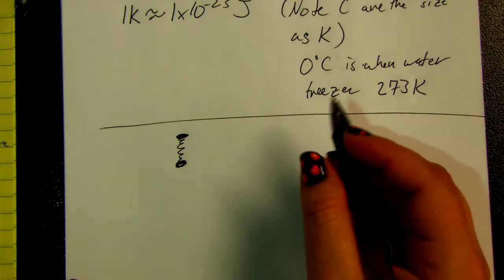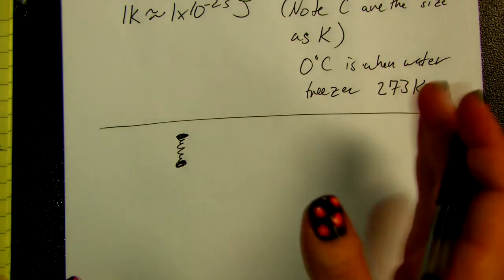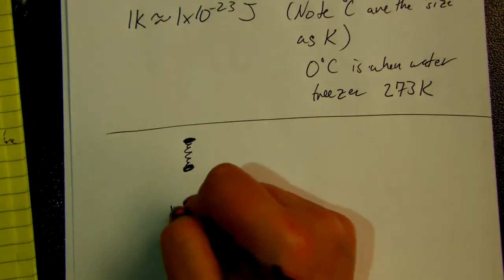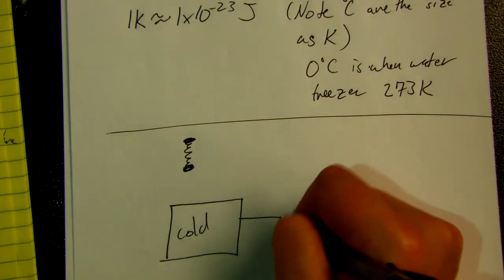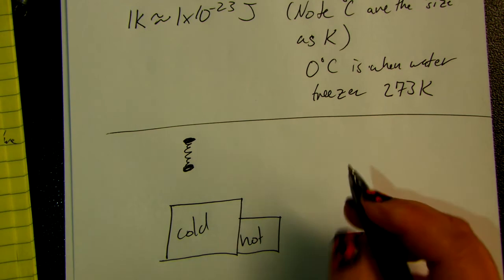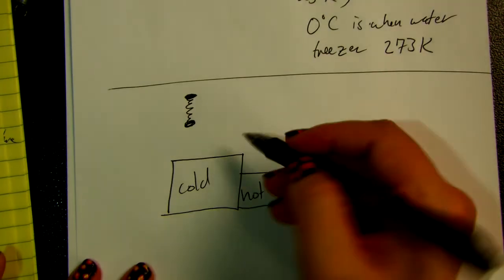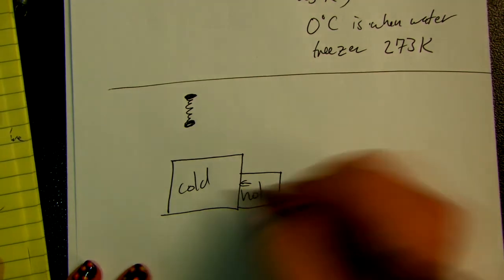If you think about matter as being these vibrating blobs, and we place a cold block of matter next to a hot block of matter, what's going to happen? These springs are vibrating back and forth furiously, and they're going to start hitting those cold springs over and over and over again.